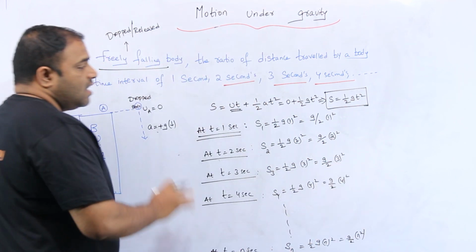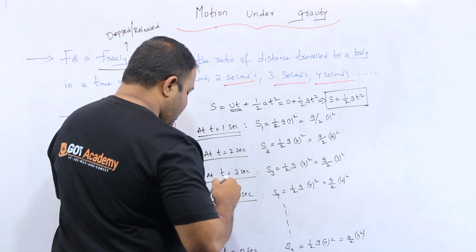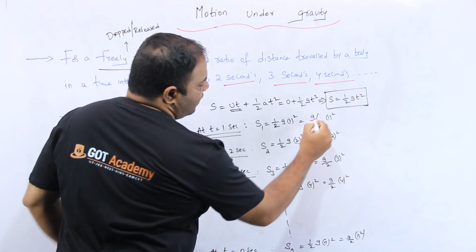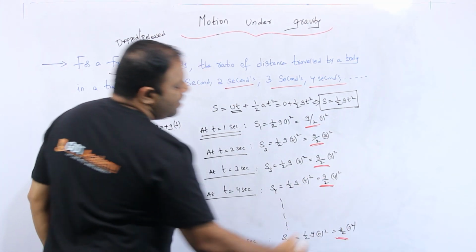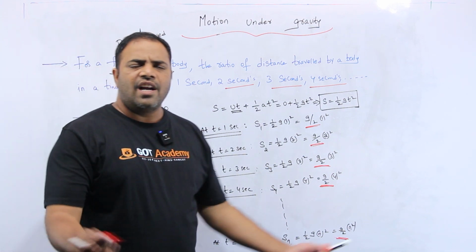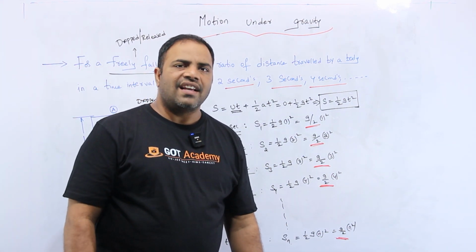If I am interested to take the ratio of all those things, I could cancel out all the common value, that is g by 2. All are common, so when I am taking the ratio, this common factor must be erased, or you can say cancelled.